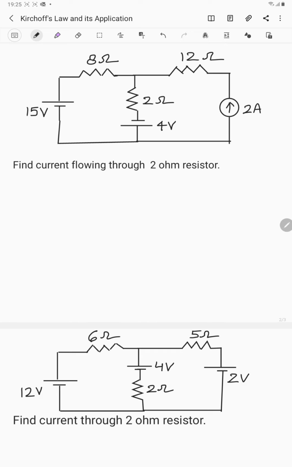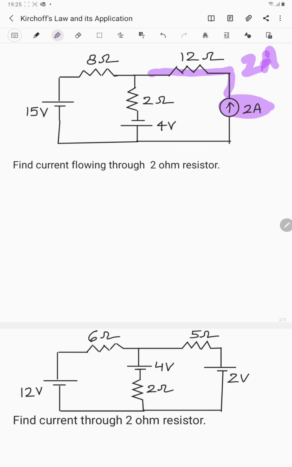Whenever in any branch we have a current source, whatever be the resistance connected in series with it, the current in that branch will be the same as the magnitude of the current source. So here we have a current source of 2 ampere. That means in this particular branch the current should be 2 ampere itself.